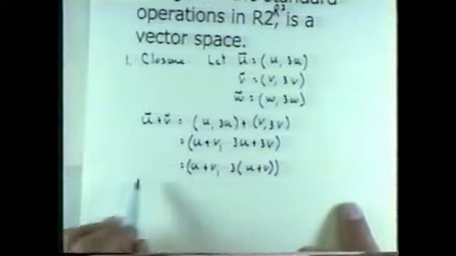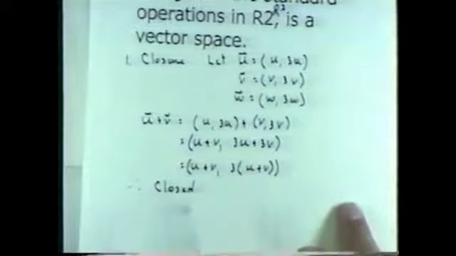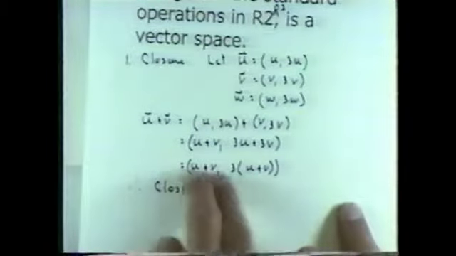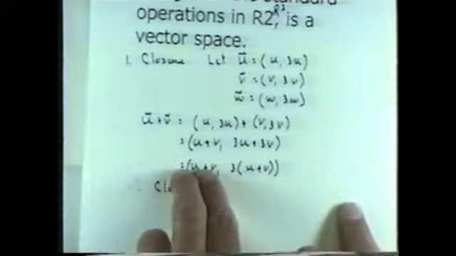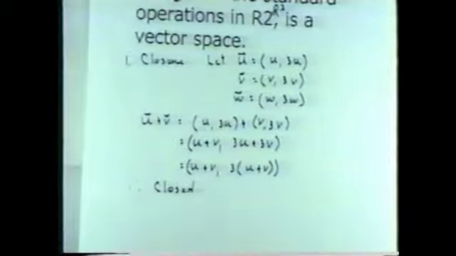So therefore, it's closed, because I get the same pattern. This would be like the pattern x, 3x. Just let u plus v be x. So I have x, 3x, and it fits the pattern.